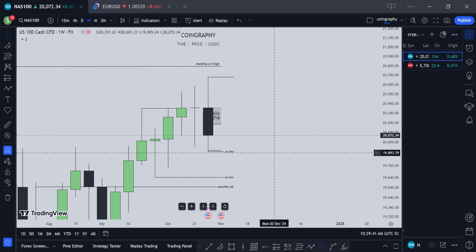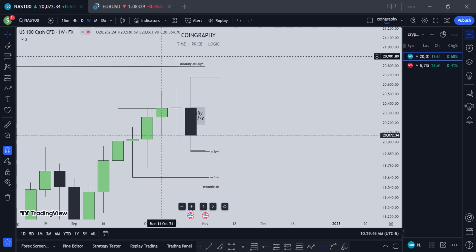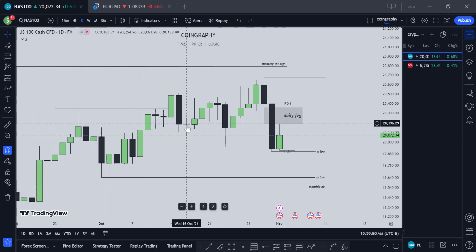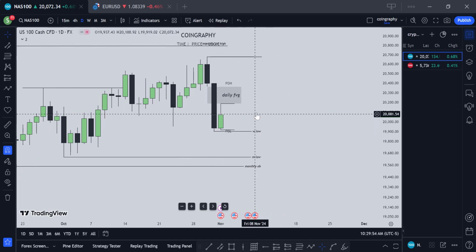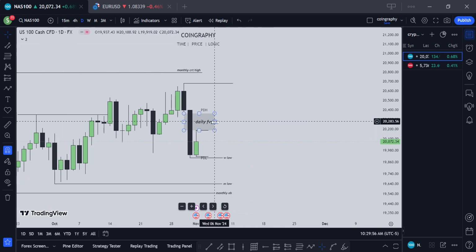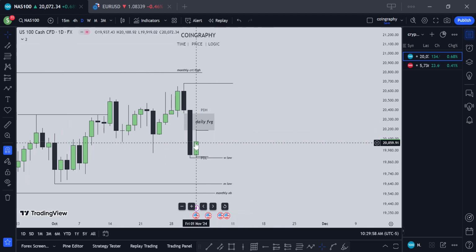Seeing this, we can now move to the daily time frame to know where price might potentially be coming into on the lower time frames. Looking at the daily time frame, we formed this CLT.